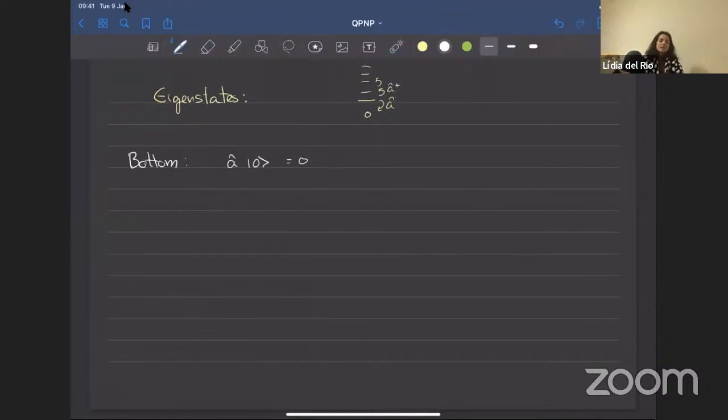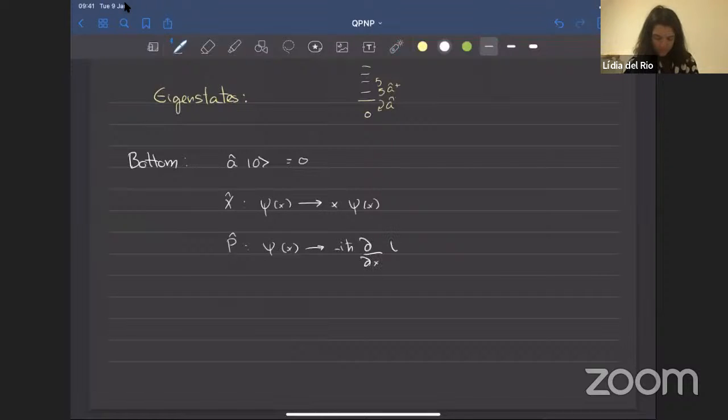But now we're not going to act on the states directly, we're going to act on the wave functions. So we need to know how this operator acts on the wave function. Okay, we can do this. We know that x takes ψ(x) to xψ(x). We know that momentum takes the wave function to −iħ ∂ₓψ(x).